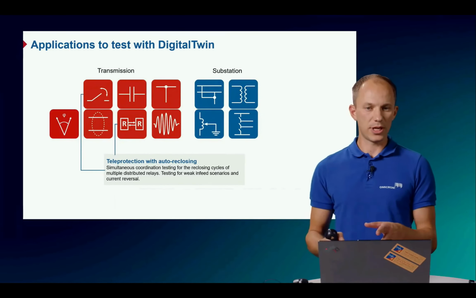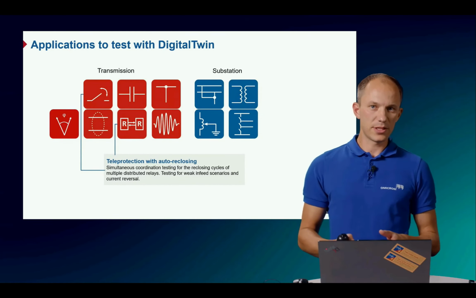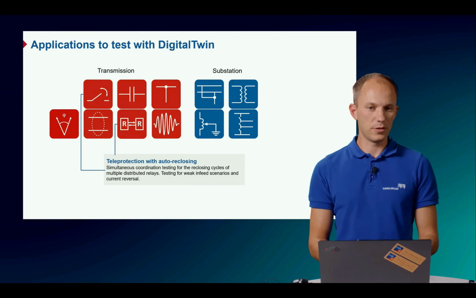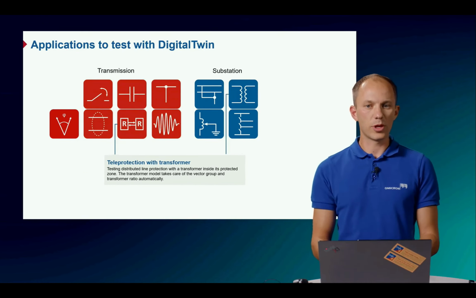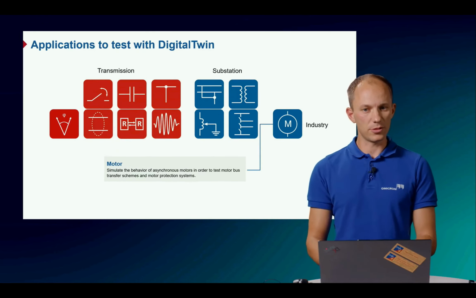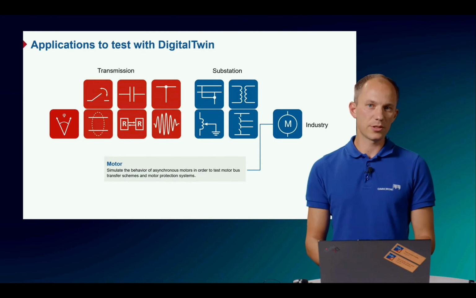So we could also test distance protection function with teleprotection and an active auto-reclose function. Or we combine, for example, the transformer application with the line differential protection, so that we have a differential protection of a line with a transformer in between. And with RelaySimTest version 4.10, it's now also possible to simulate induction motors.